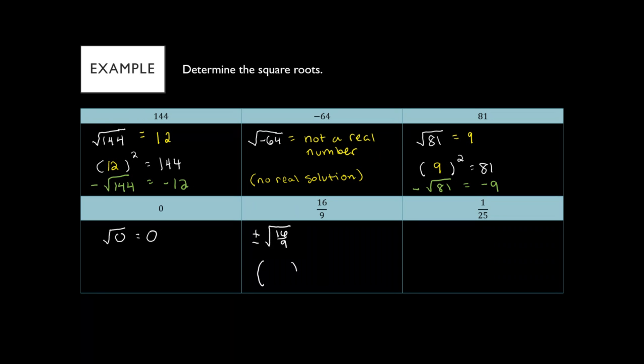And so we're looking for what squared gives you 16 over 9. Well, you guys learned about your rules of exponents and that you square the top and you square the bottom. So something squared gives you 16. So that's 4.